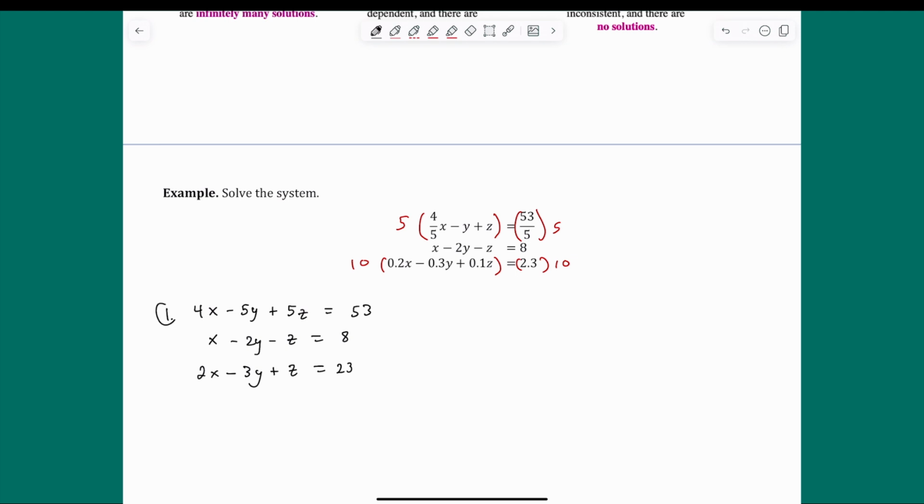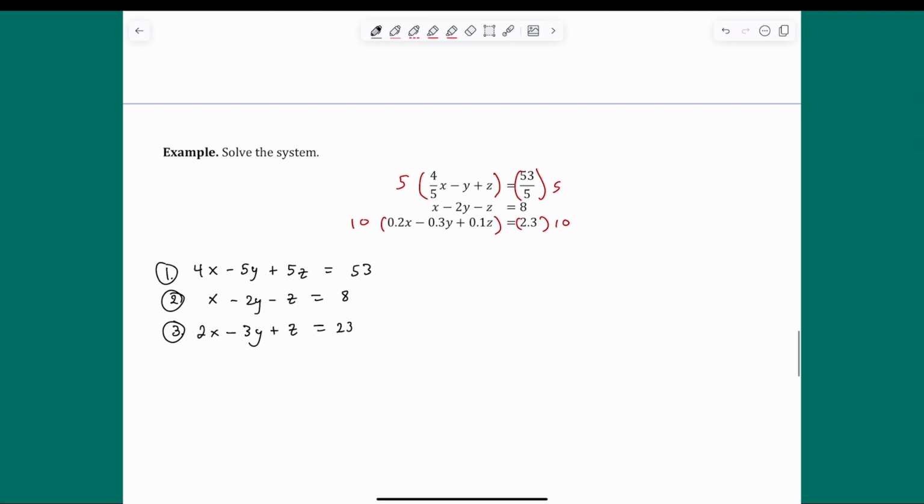And I'm going to call this equation 1, equation 2, and equation 3. Okay, so I'm going to go ahead and eliminate z by first multiplying, say, equation 2 by 5, and then I'm going to add the result to equation 1.